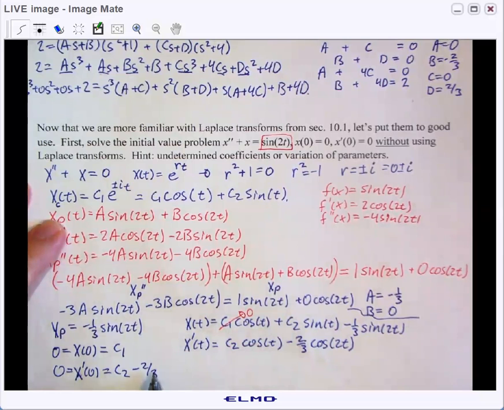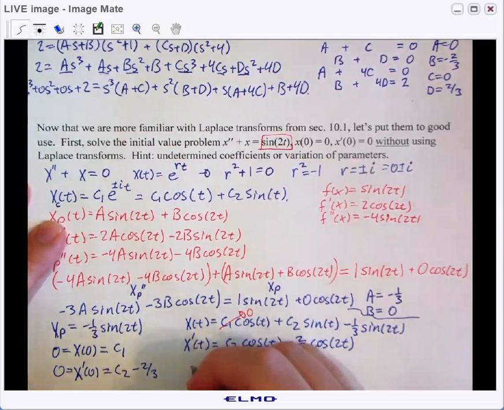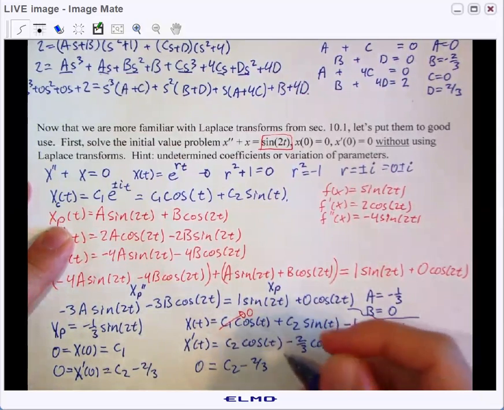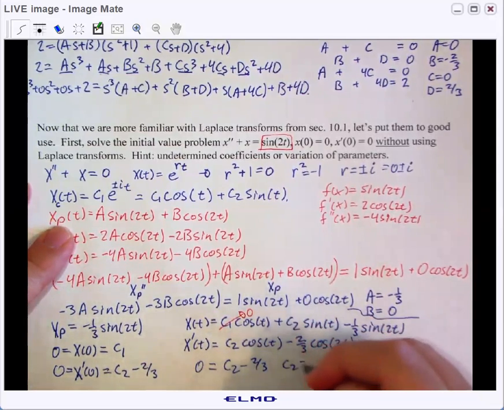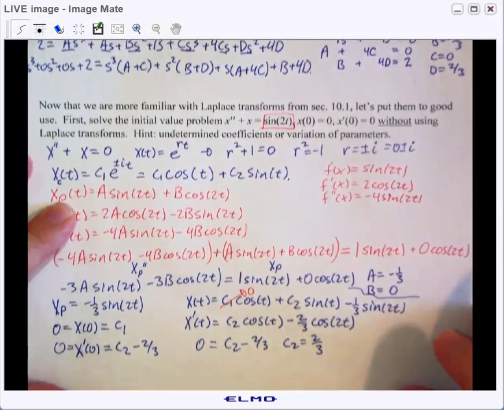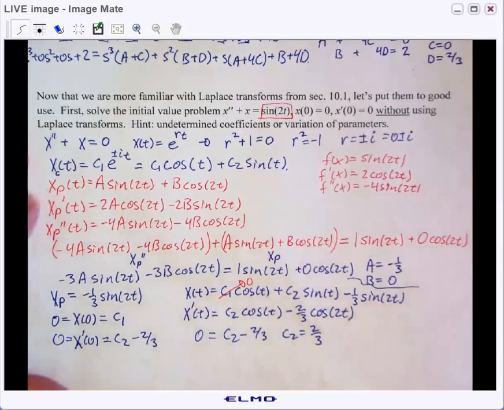And if we add 2/3 to both sides, so let me just write this again, 0 equals c2 minus 2/3. So c2 equals 2/3. And remembering that c1 was 0, we now have, finally, using techniques that we've done before without Laplace transforms, our final solution to our initial value problem.